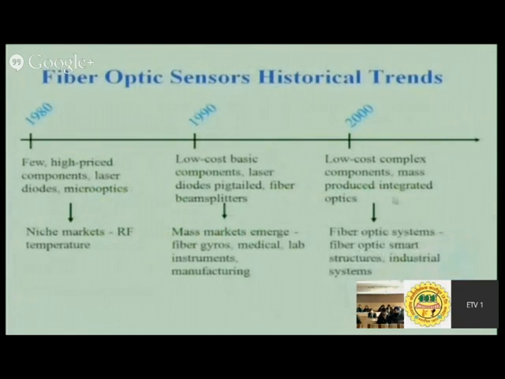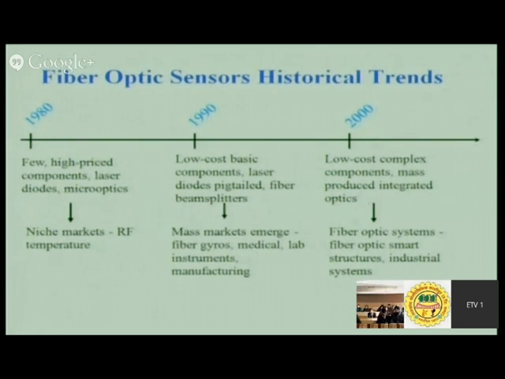So this is the historical trend. Initially in the 80s, there were very few sensing applications. Then in the 90s, a mass market emerges. We have fiber gyros, medical applications, lab instruments, and also different types of manufacturing based on the optical fiber. Then in 2000, the cost is reduced. Initially the cost was high. Now the cost has been reduced.